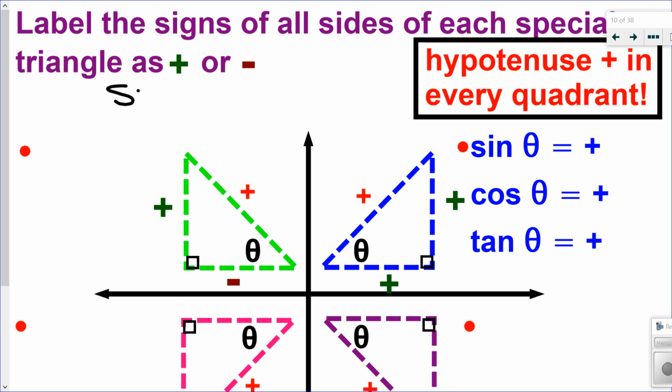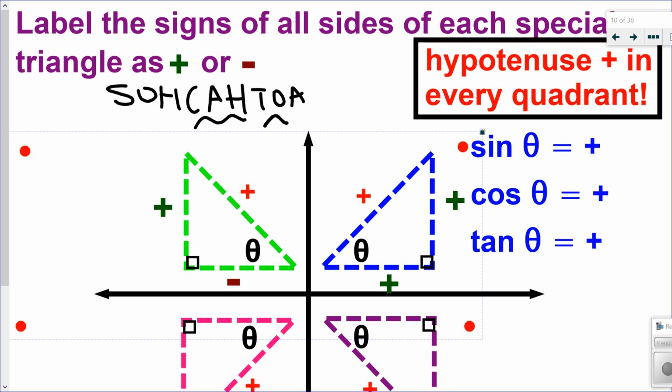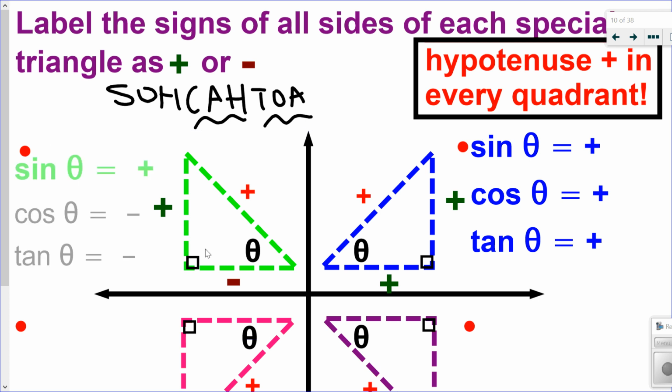Let's look at our SOHCAHTOA. What has an adjacent? Cosine has an adjacent. Tan has an adjacent. So cosine and tan will be negative, but sine, using opposite and hypotenuse, will be positive. So sine is positive, cos is negative, tan is negative.